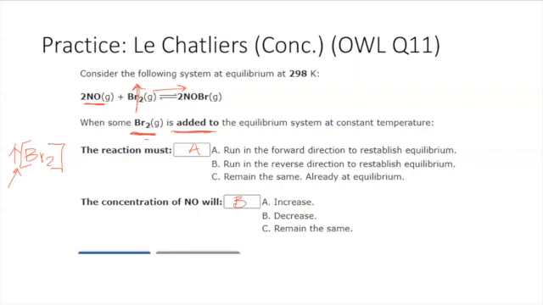Now, if this were to ask for the concentration of NOBR, well, what does NOBR think? He's like, whoa, bromide, why'd you just go nuts? Well, I'm going to go nuts because our reaction forward and backwards has to be the same. So if you're going to start yelling, I'm going to start yelling.